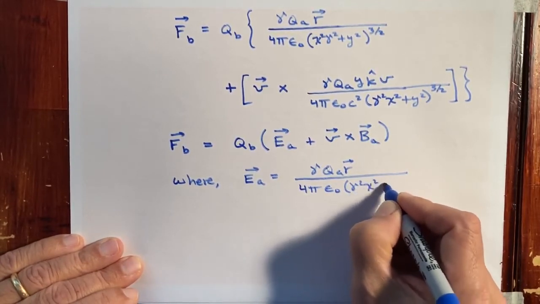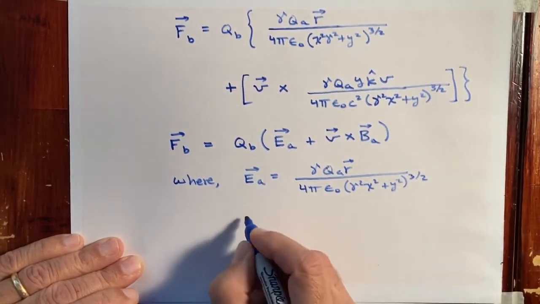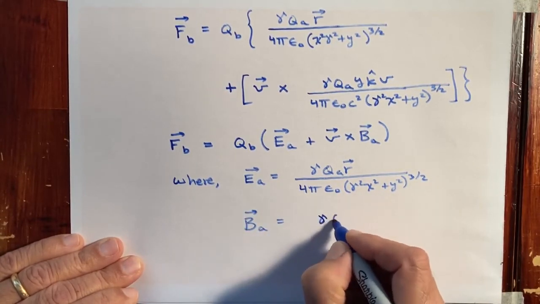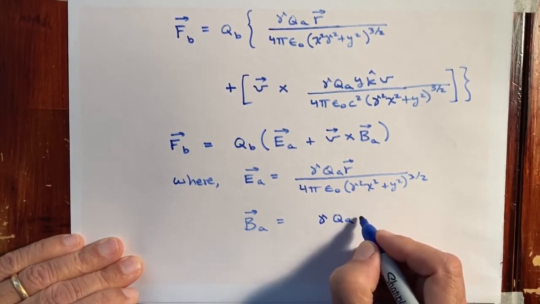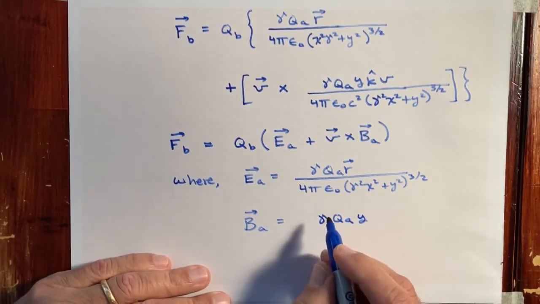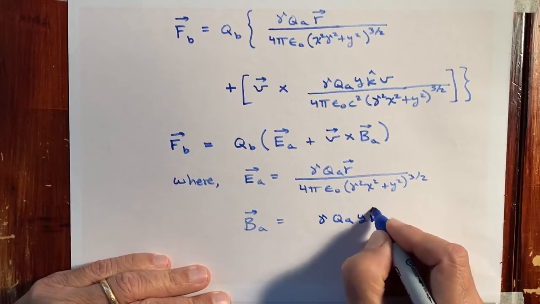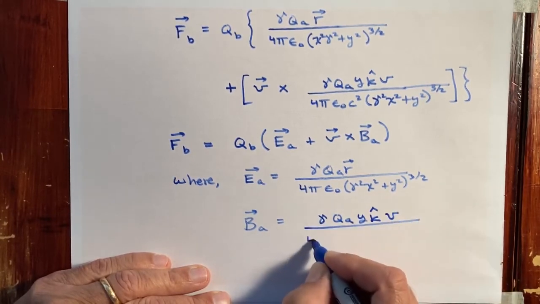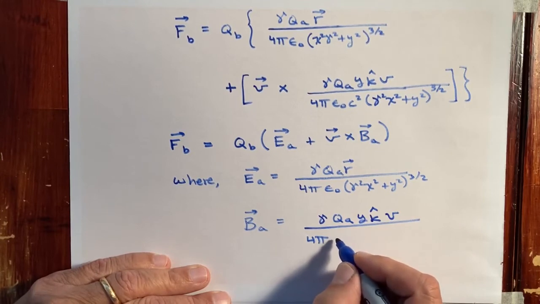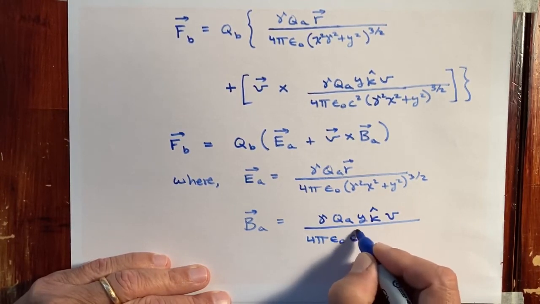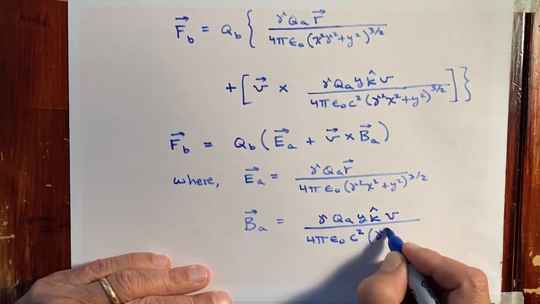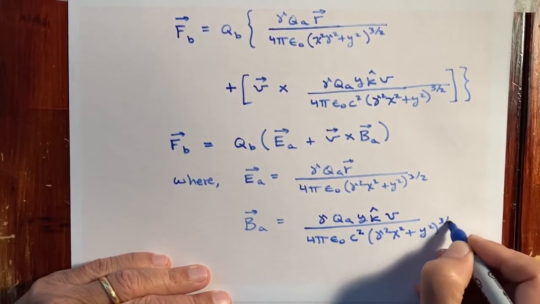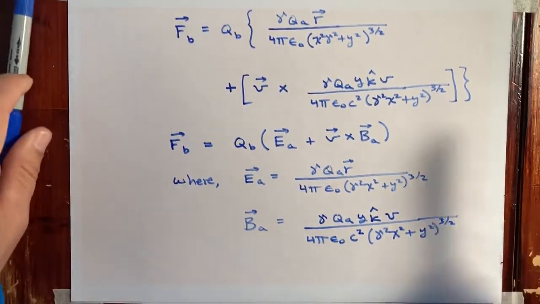And then here enters our magnetic field, B sub a, equals gamma q sub a y k hat and v divided by 4 pi epsilon naught c squared times, hopefully this is the last time we write this friend down, gamma x quantity squared plus y squared to the 3/2. So that is exactly where the magnetic field is coming in.